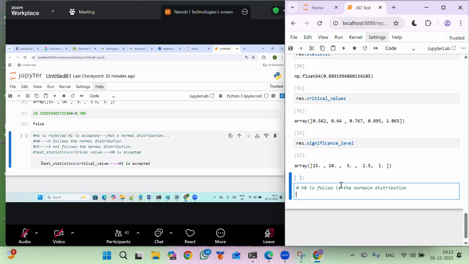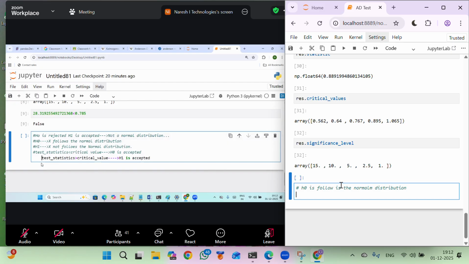So this is the thing. So I'm writing here a comment: if test statistic is less than the critical value of, let me write down, 5% significance level. Here also you check 5% significance level, right?